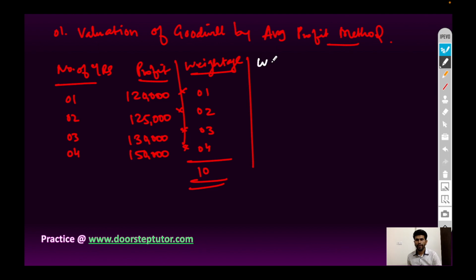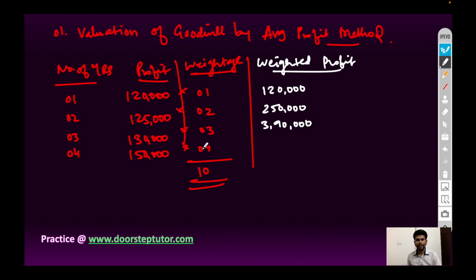So weighted profit will be 1,20,000 into 1, 1,20,000; 1,25,000 into 2, 2,50,000; 1,30,000 into 3, 3,90,000; 1,50,000 into 4, 6 lakh.